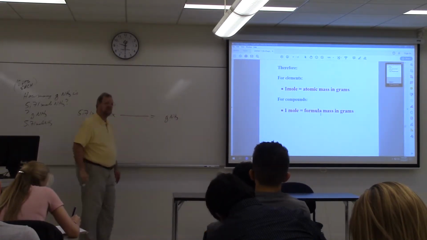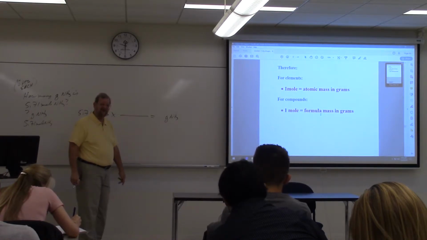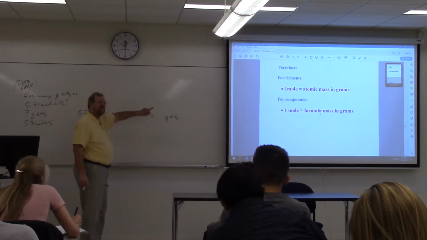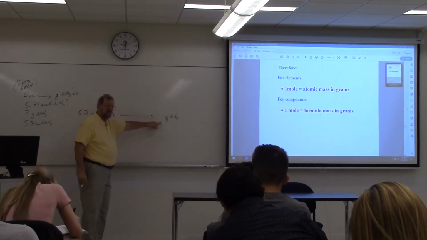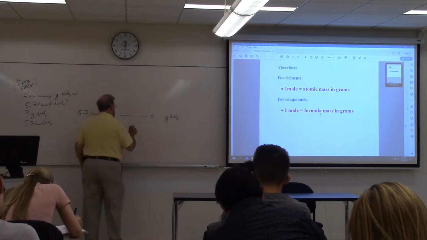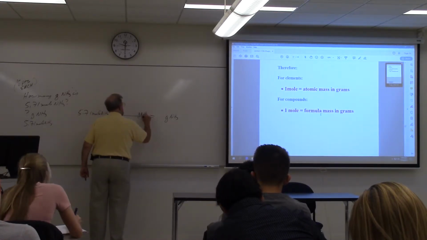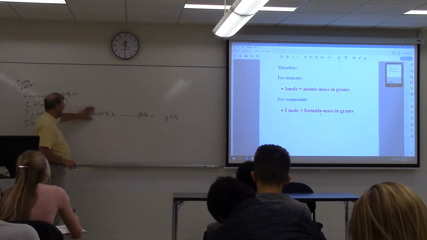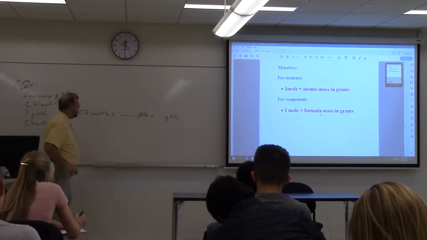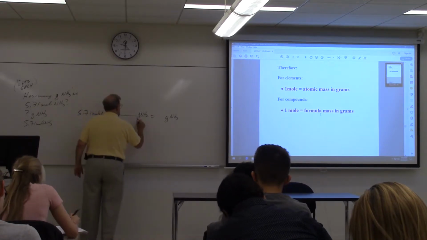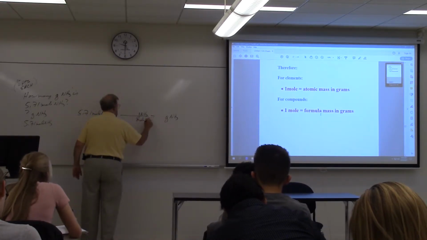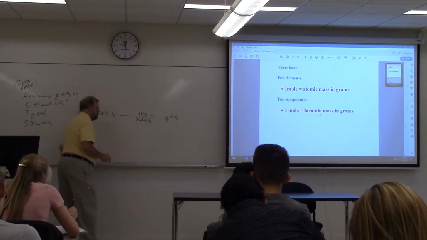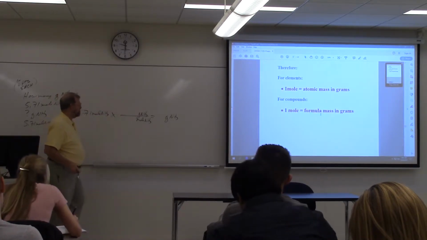And now I'll use my good buddy, my good friend, unit analysis. Whatever I'm trying to get to, you put the units on top. Whatever I'm trying to get rid of, not the number, just the units, I put that underneath, because anything divided by itself is the number 1 that will cancel out. Where do I get these numbers?